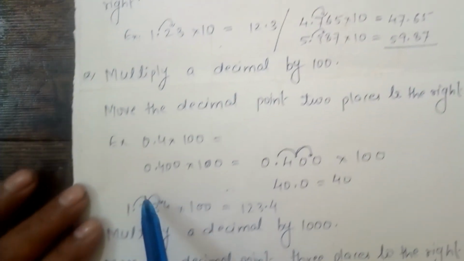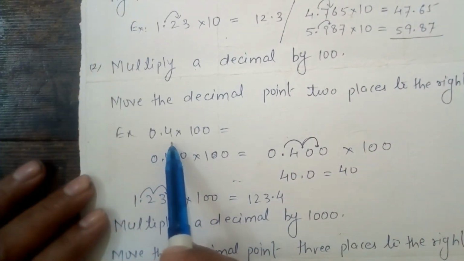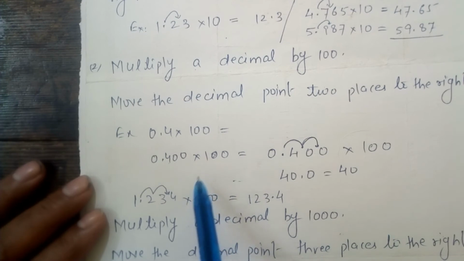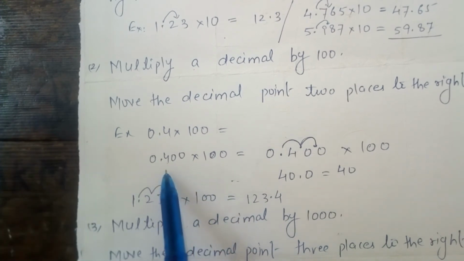Okay. Your question is 0.4 into 100. 0.4 we can write as 0.400 into 100. In the question, as you can see, the decimal point is before 4.